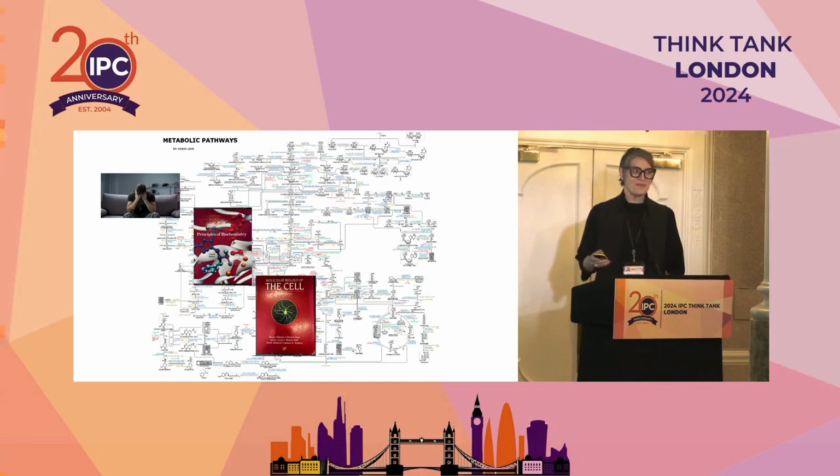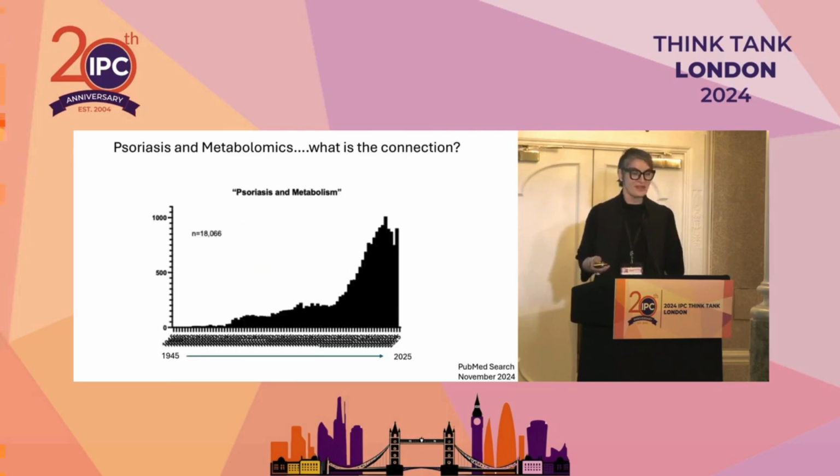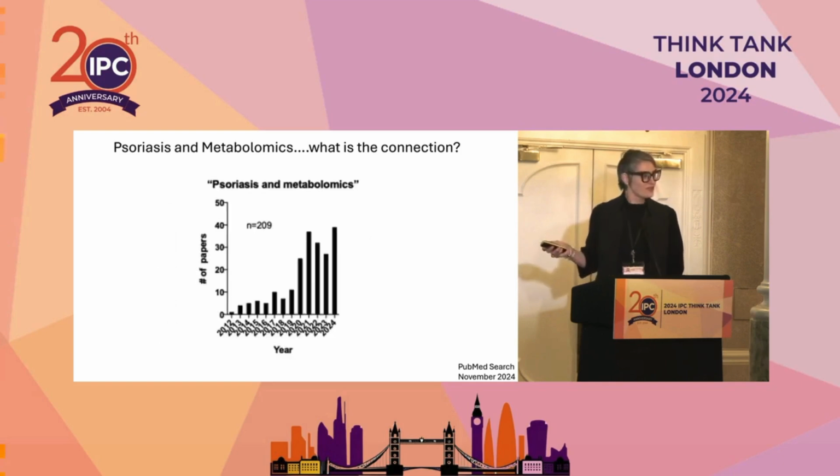So being new to really diving deep into this subject, I started in PubMed. When you put in psoriasis and metabolism, you get a lot of papers starting way back when psoriasis started being explored in 1945. If you refine your search to psoriasis in metabolomics, we don't get papers until 2012, and we get far fewer.